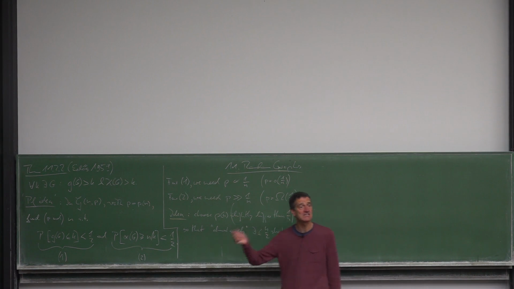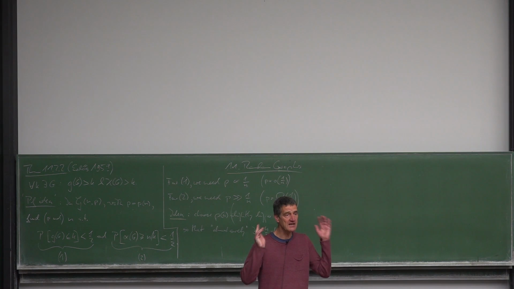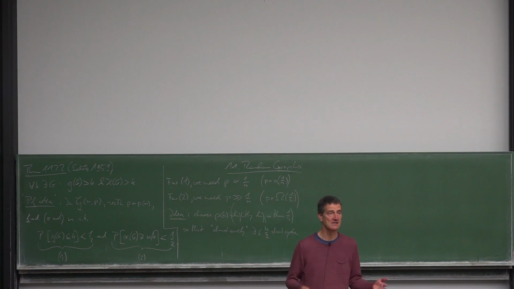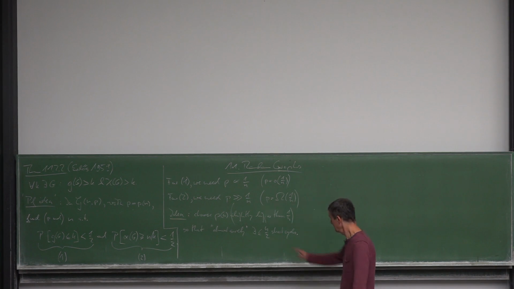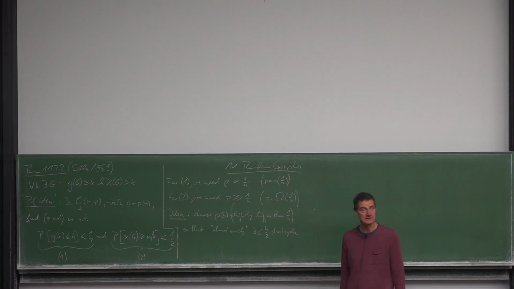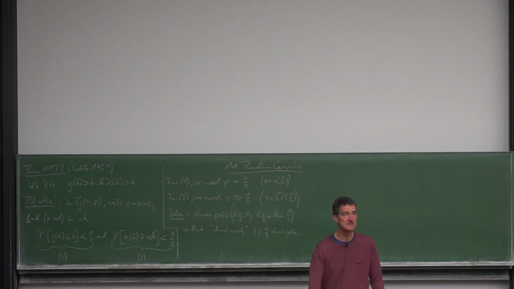So it's k cycles. How many potential k cycles are there on n vertices? Something like n to the k. So that is rather less than n to the k. And we can afford to kill one vertex from each of these half n cycles and still have some vertices left, which is good news. And indeed, we'll have at least half the vertices left.